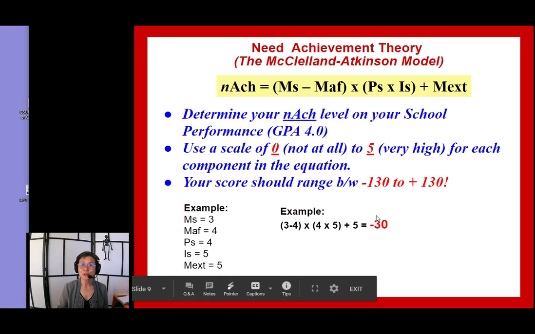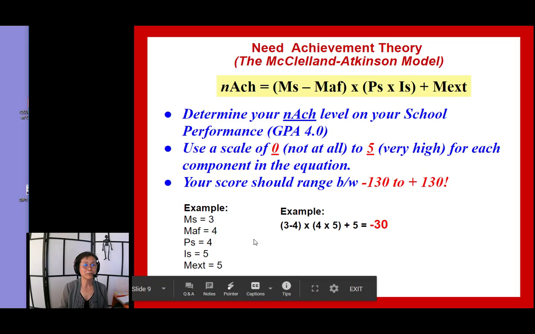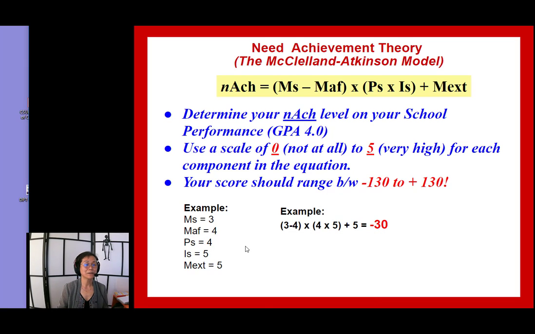Your score should range between negative 130, which is interesting, up to what? Positive 130. That's the possible range. So here is an example to help you understand this formula better. So I put mine in there. Okay, so this semester, getting a GPA of 4.0.